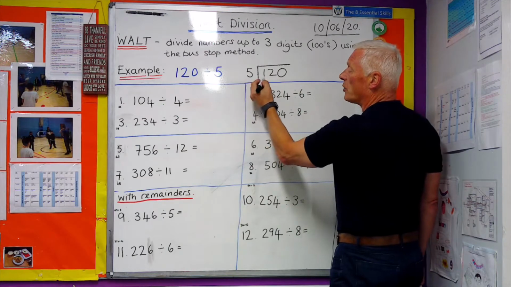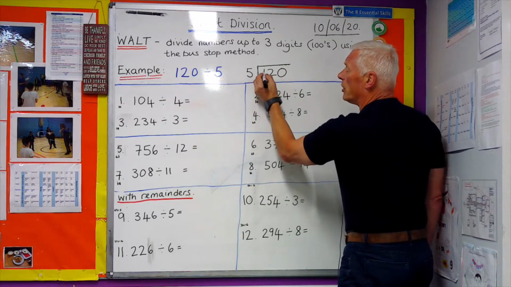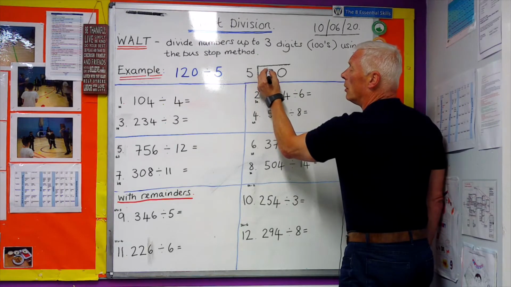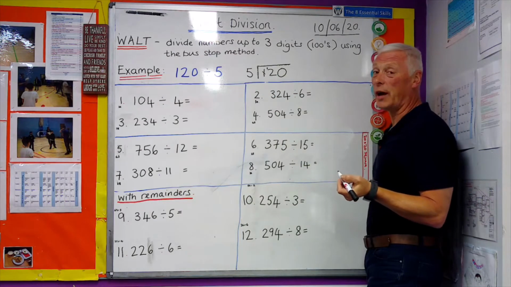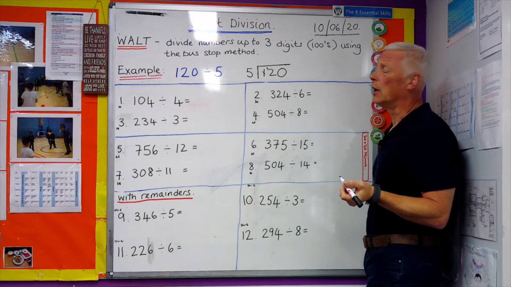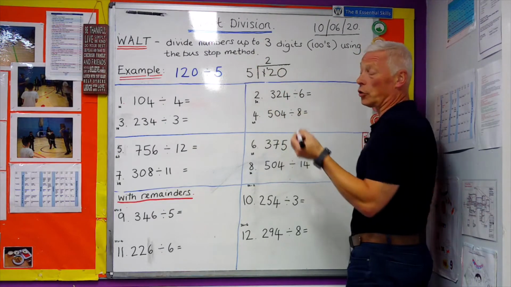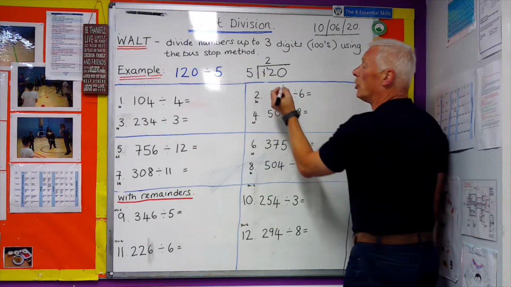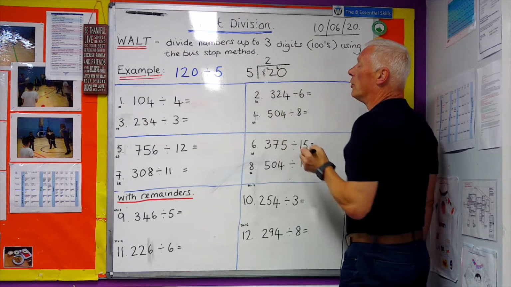So how many 5s go into 1? There aren't any. Okay, so what I do is cancel the 1, put it above the 2. Now I've got how many 5s go into 12. Okay, how many 5s go into 12? 2, but I've got 2 remainder. So what I do with the 2 remainder is put that above the 0.